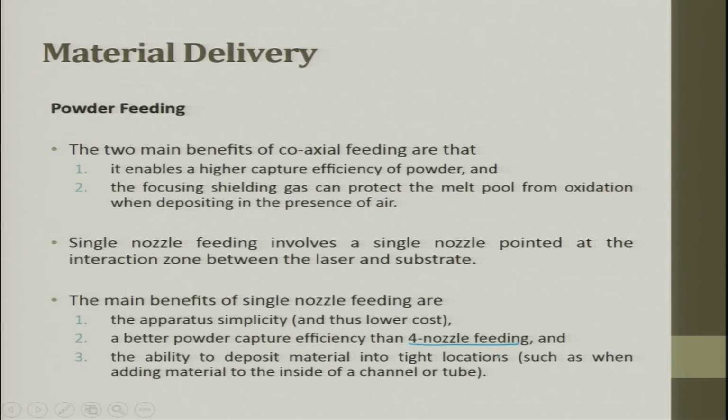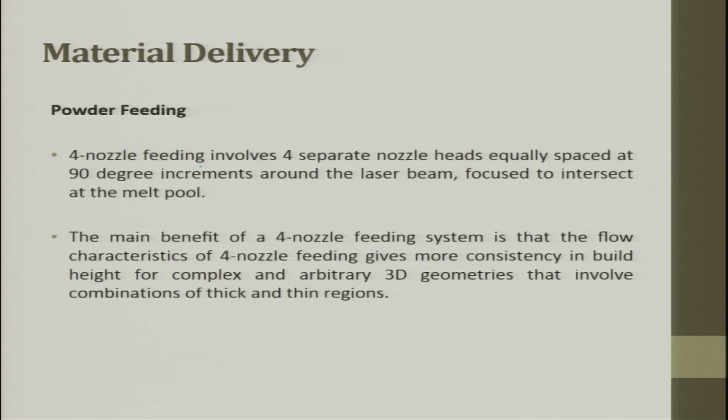So, these are some of the advantages of single nozzle feeding as compared to coaxial feeding. A 4 nozzle feed involves 4 separate nozzle heads equally spaced at 90 degree increments around the laser beam. So, it is something like this, focused to intersect at the melt pool. These are all nozzle feeding.